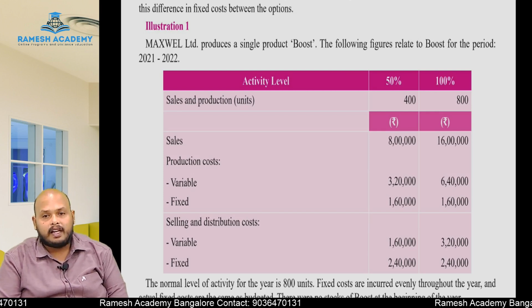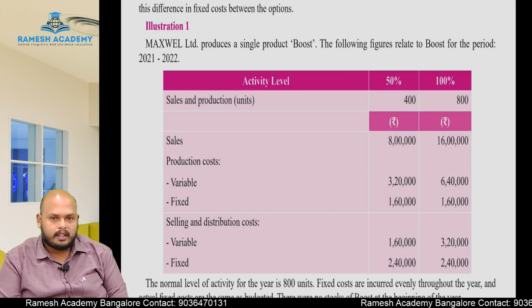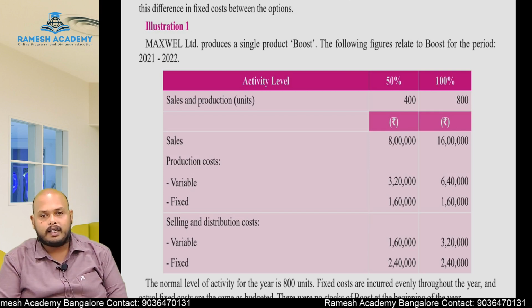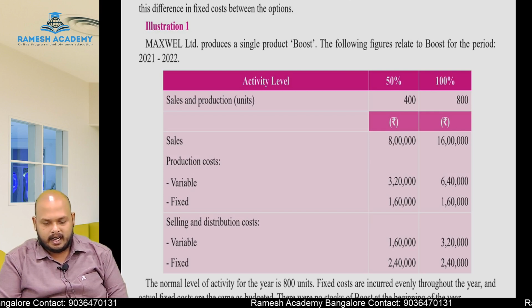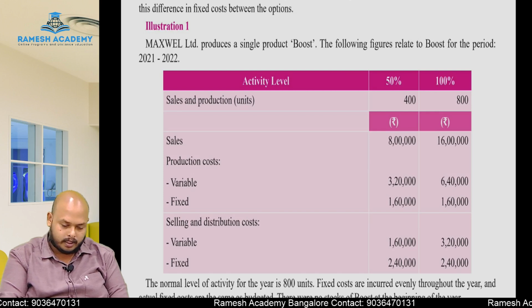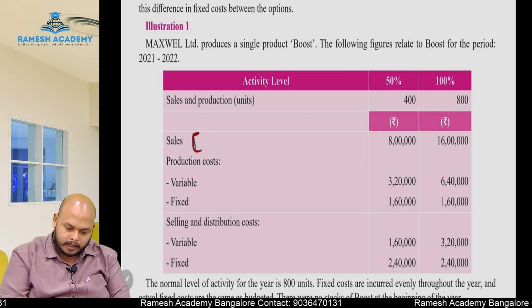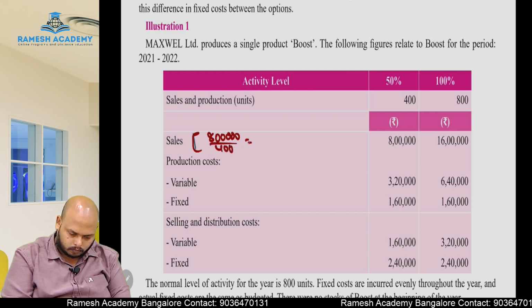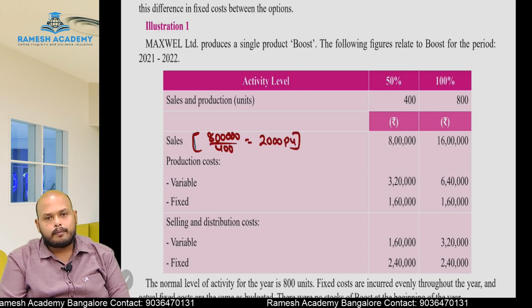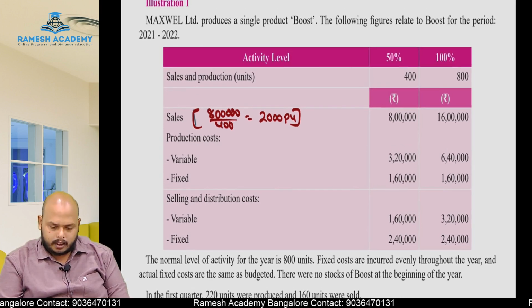See the activity level: 50% and 100%. Sales and production units at the 50% level are 400, and at the 100% level 800. Sales at the 50% level are 8 lakhs and at the 100% level 16 lakhs. What is the selling price per unit? 8 lakhs divided by 400 is 2000 per unit.